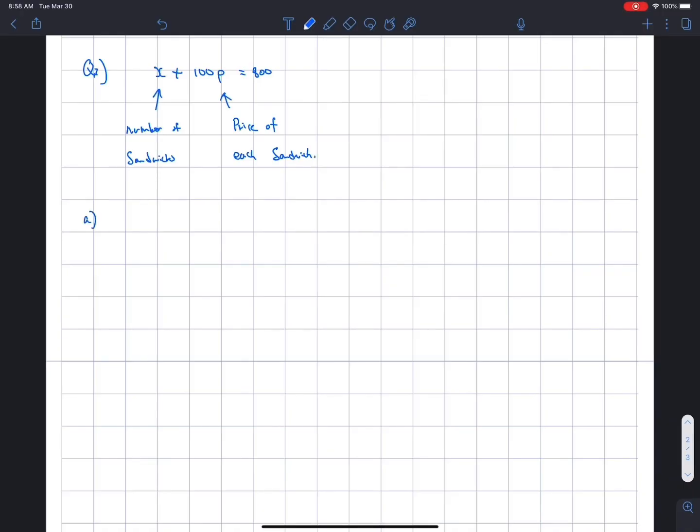So A, if Amir sells 550 sandwiches, what price does he charge? Using the same equation, we just replace x with 550, and we are solving for p. So we can move 550 to the right hand side, and the sign changes. And then dividing both sides by 100, we get p equals 2.5.